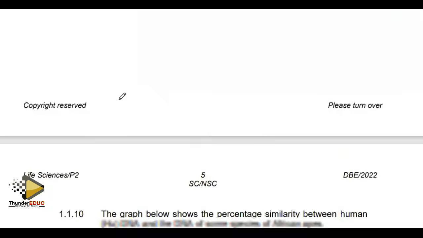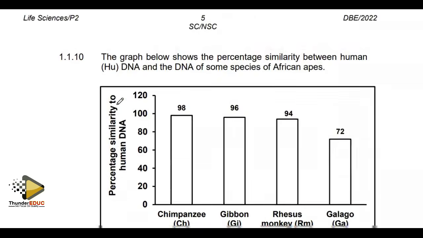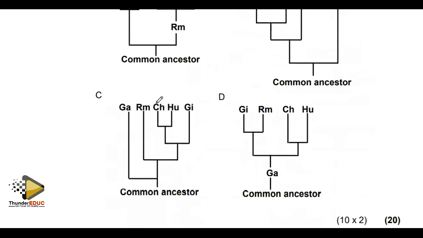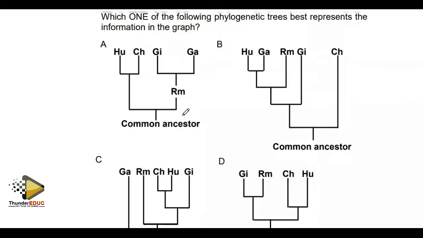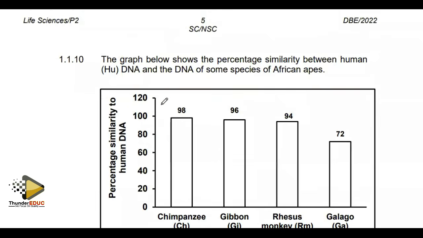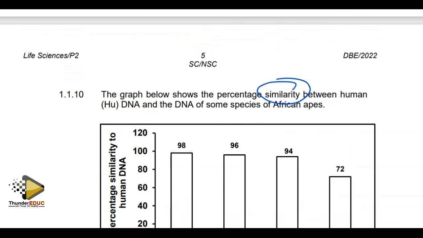And then the last objective is about the graph, about the phylogenetic tree. They're saying that the graph below shows the percentage similarities between humans and the DNA of some species of African apes. So we are not talking about differences, we are talking about similarities.